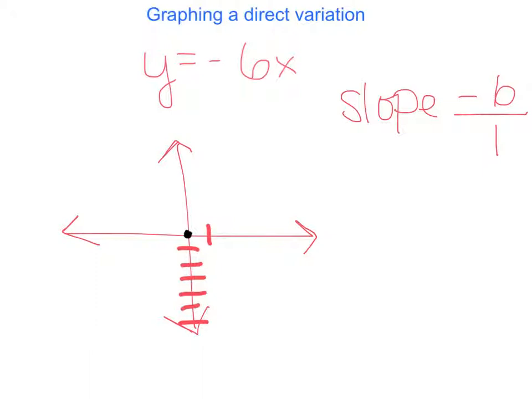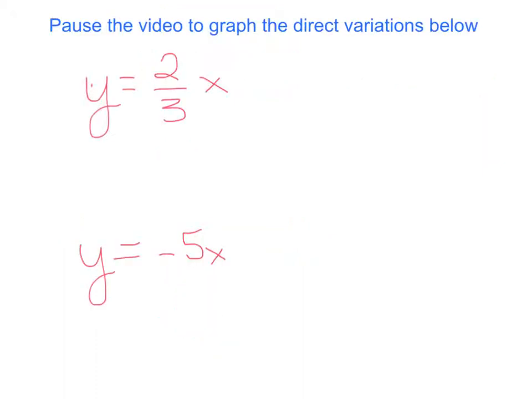So our new point would be right here. So you would be able to graph the line connecting those 2 points, and that would be your line for the direct variation y equals -6x. Pause the video to graph the direct variations below.